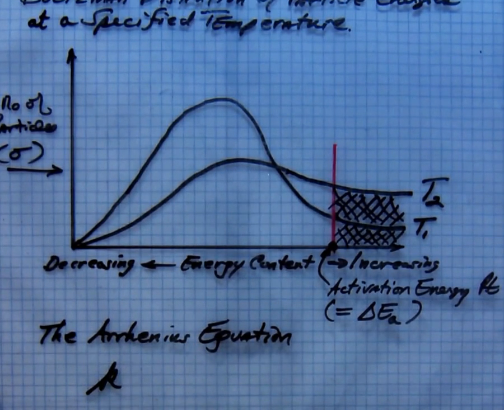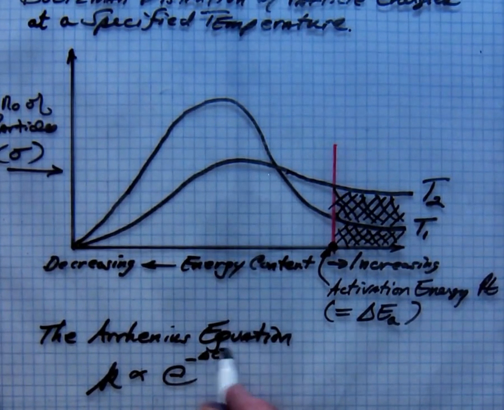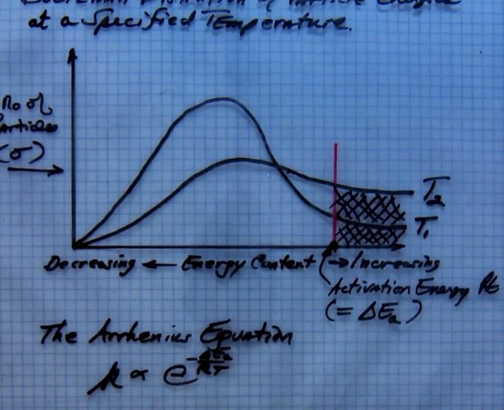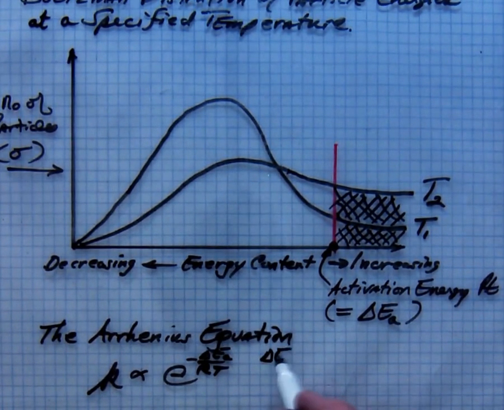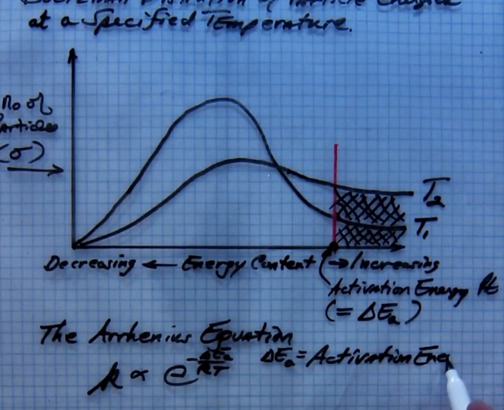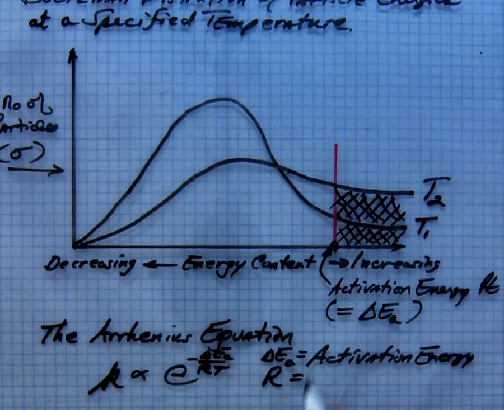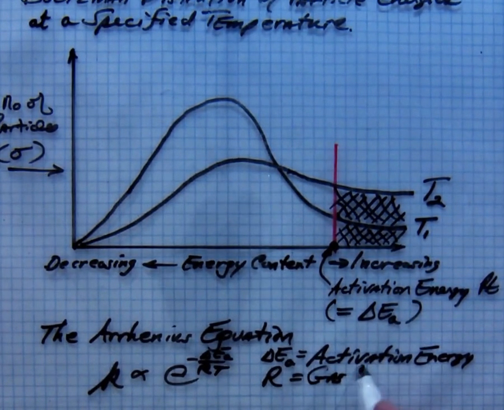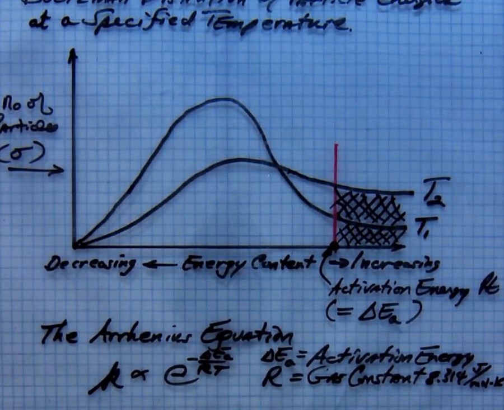It has the form: rate constant is proportional to exponential minus delta EA over RT, where delta EA is the activation energy, as we noted earlier, R is the thermodynamic form of the universal gas constant, and is 8.314 joules per mole Kelvin, and T represents the Kelvin temperature.